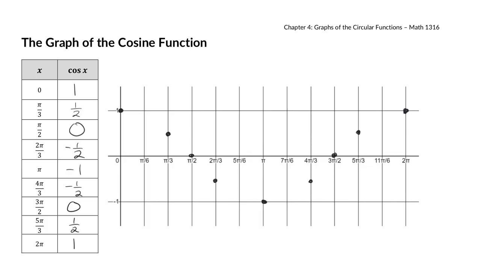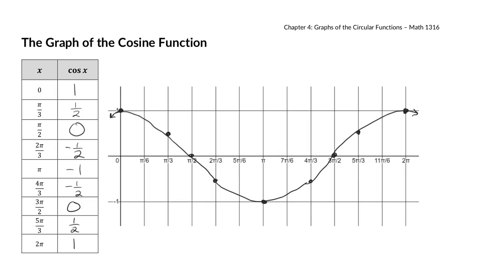So if I play connect the dots, the cosine function is also a wave, but it's a wave that starts, instead of at 0, at 1. If we kept drawing this, it would come back down and go back up over and over and over again.